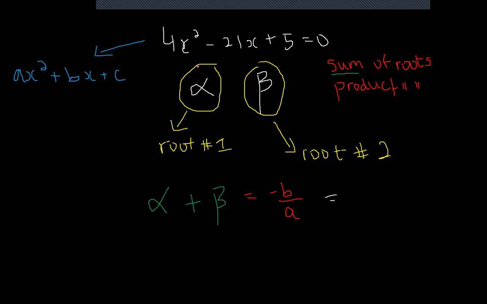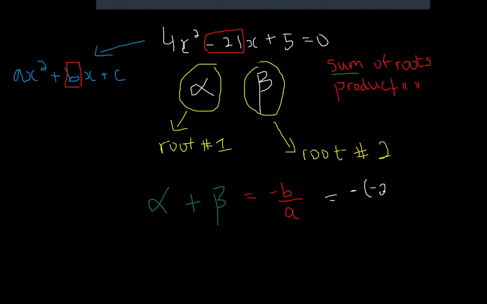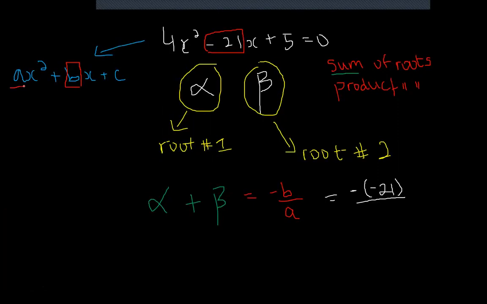In this quadratic, our value of b, which is the coefficient of x, so any number that comes before x, is minus 21. So minus b would be minus negative 21 over the value of a. We know that a is the coefficient of x squared, so whatever number comes before x squared is my value of a, and in this case it's 4.